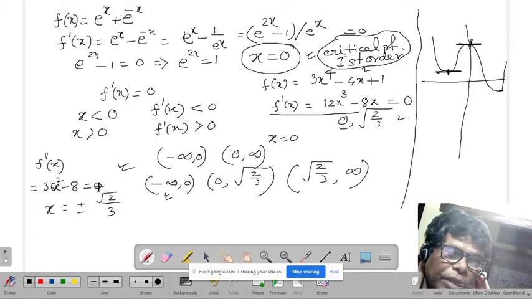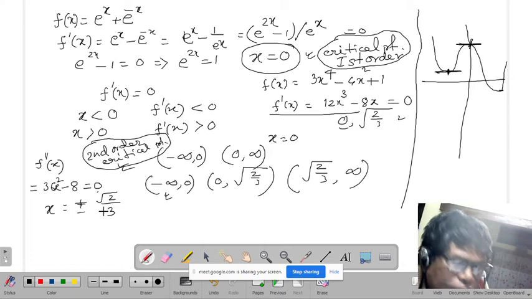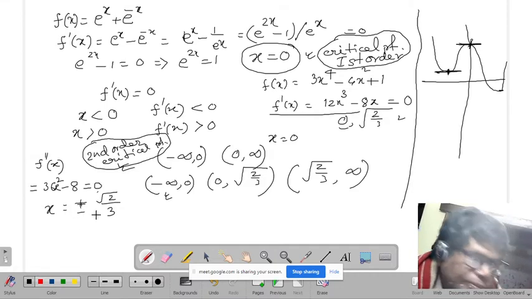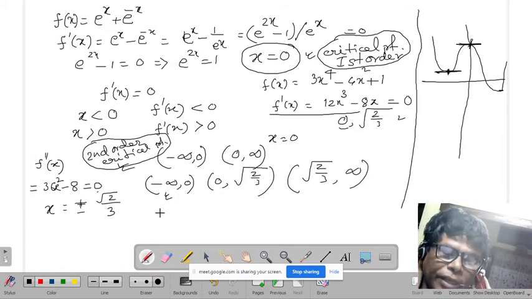And here also this is a critical point, but this is a second order critical point. So second order critical points at 2 points, plus root over 2 by 3 and minus root over 2 by 3.